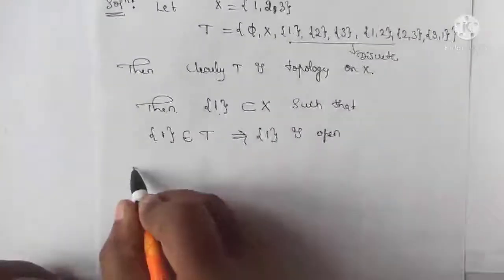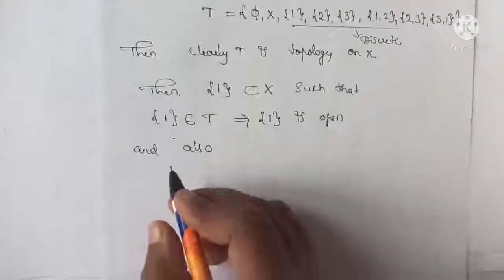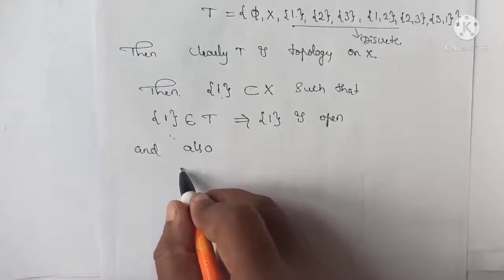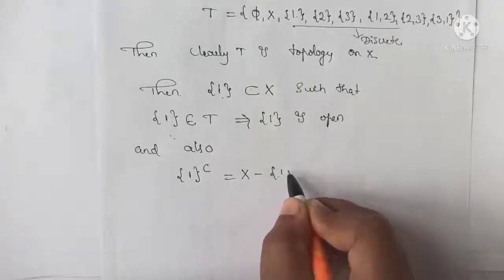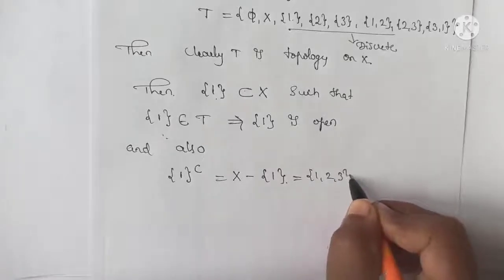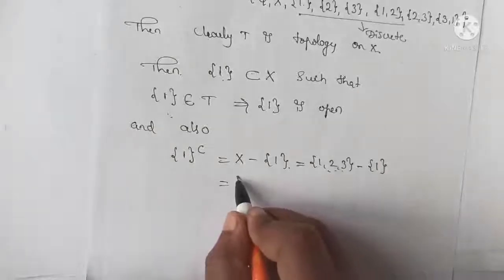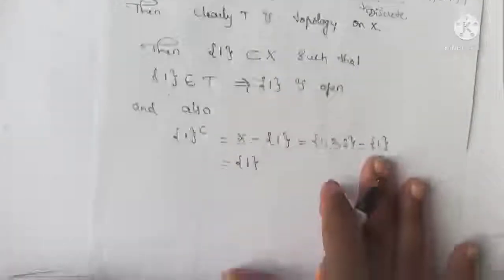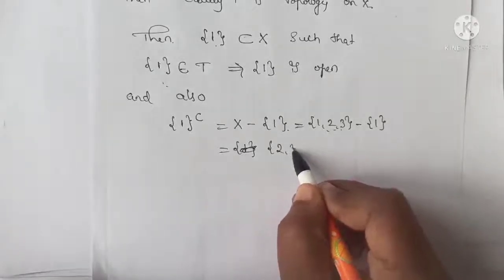And also, if you take the complement of this one, the complement is equal to X minus this one. X is nothing but {1, 2, 3} minus 1. We get 2, 3.